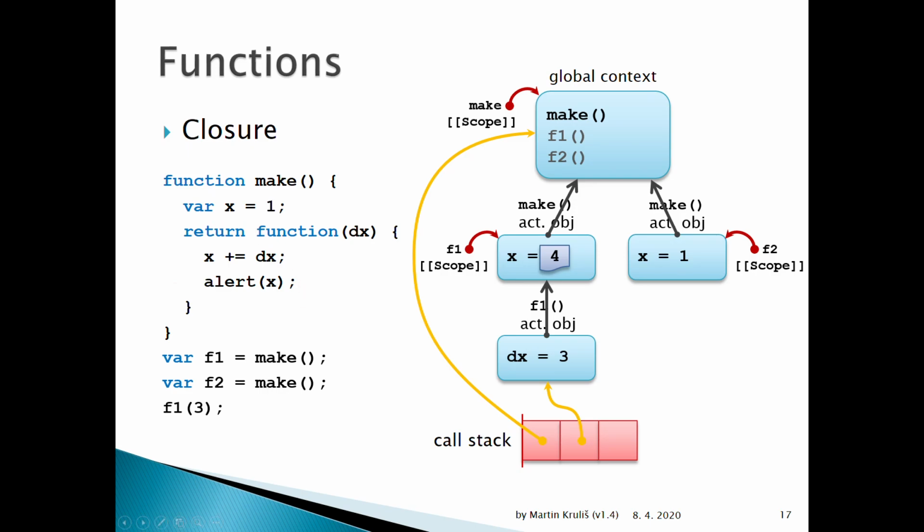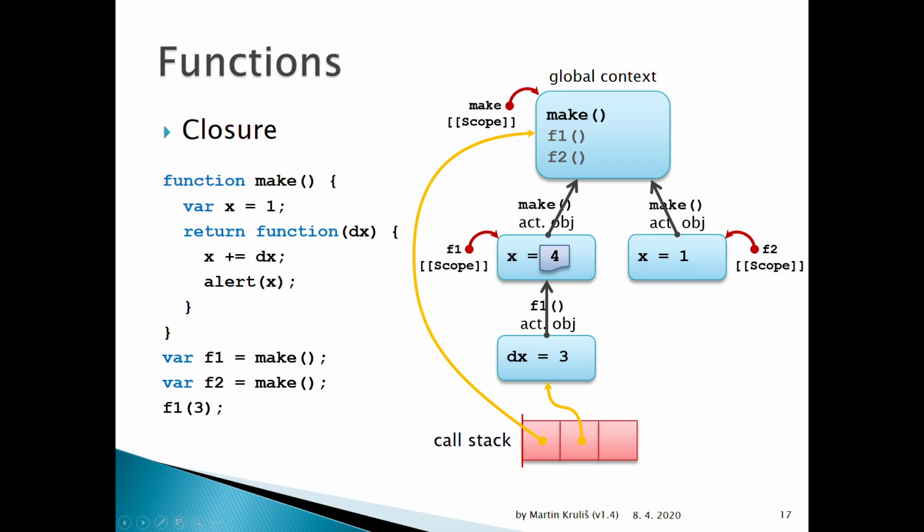When the function is called, it uses its scope property to fill in the scope chain, so the activation object itself is prepended to this particular scope of the function f1, and thus it can see all the variables inside the whole scope chain. So for instance, it can see variable x inside this prior object of the scope chain.